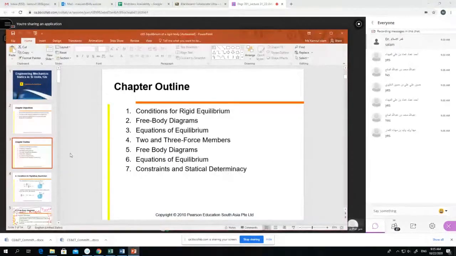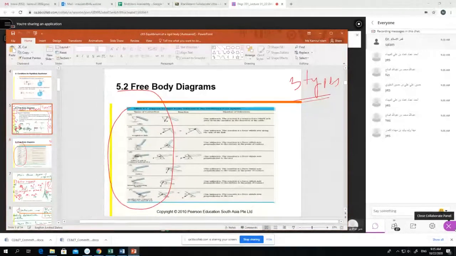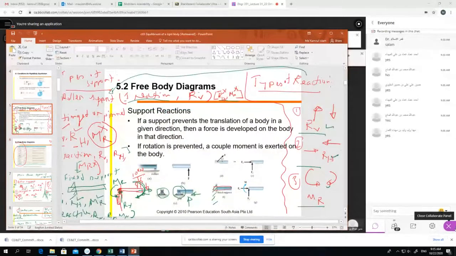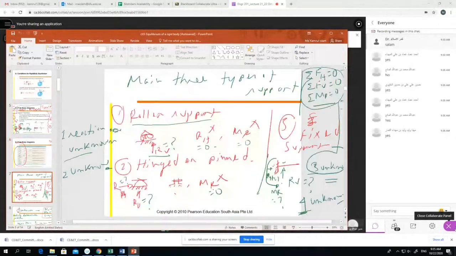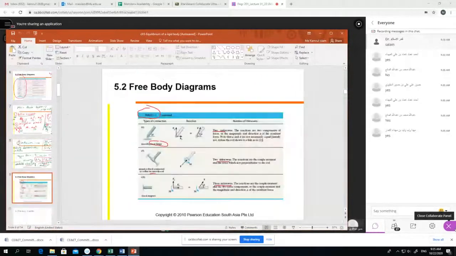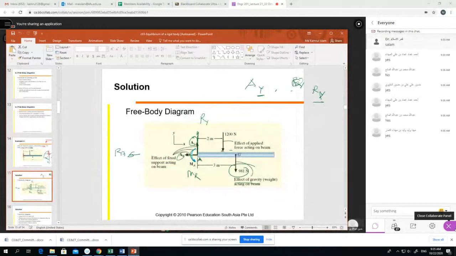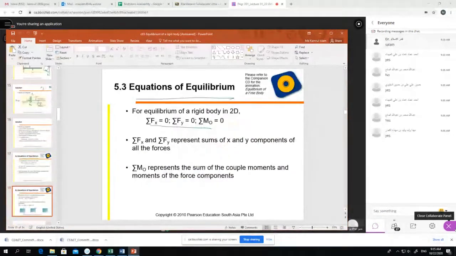All right. So yesterday we studied here, the activity diagram. We learned lots of things.